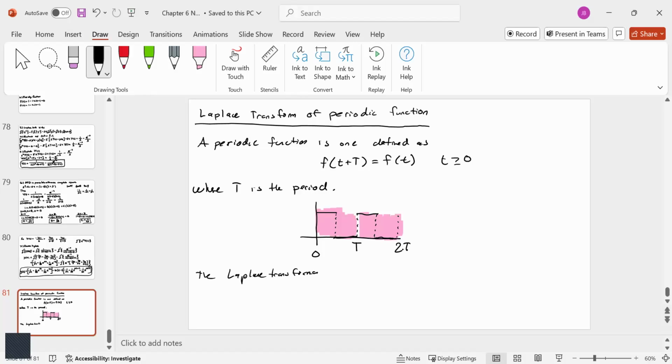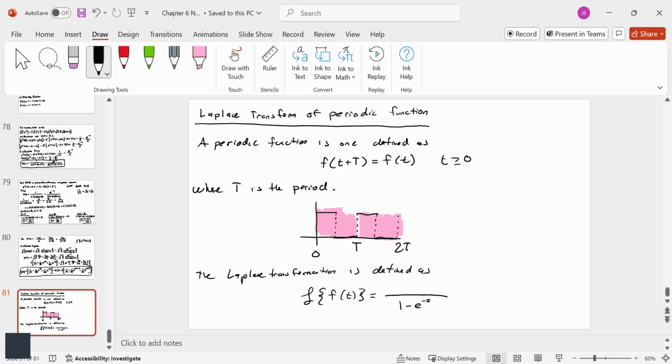The Laplace transformation of f of t in this case, which is just f of t plus T, is equal to, and where this formula comes from is just way beyond the scope of this class, but not anything you couldn't figure out if you set your mind to it, 1 minus e to the negative s times capital T.